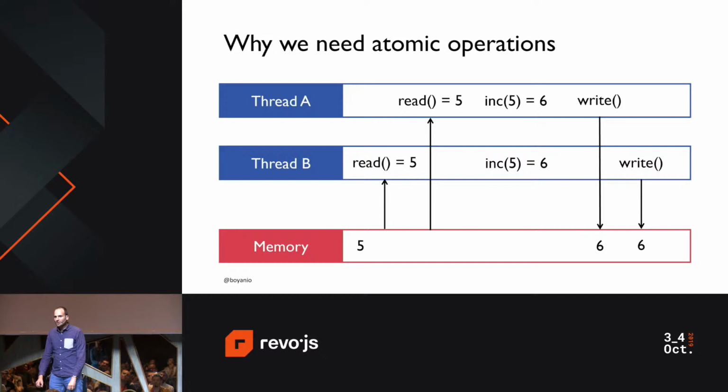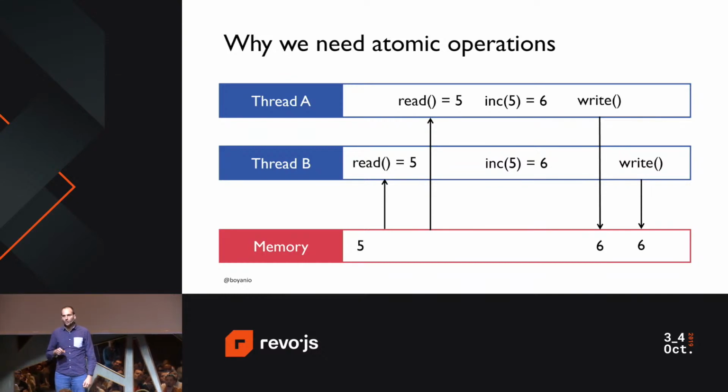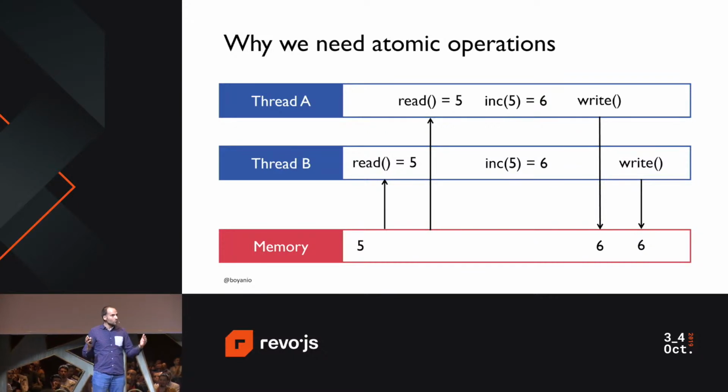When we have shared memory, we can go into something very weird. It is very common, let's say, that we want to have a counter between our threads, and each thread should increment it only once. But at the end, you expect this counter to be incremented by one from each thread. However, with shared memory, because we can't really know when the context will be switched, we can't know when our line of code will be executed.